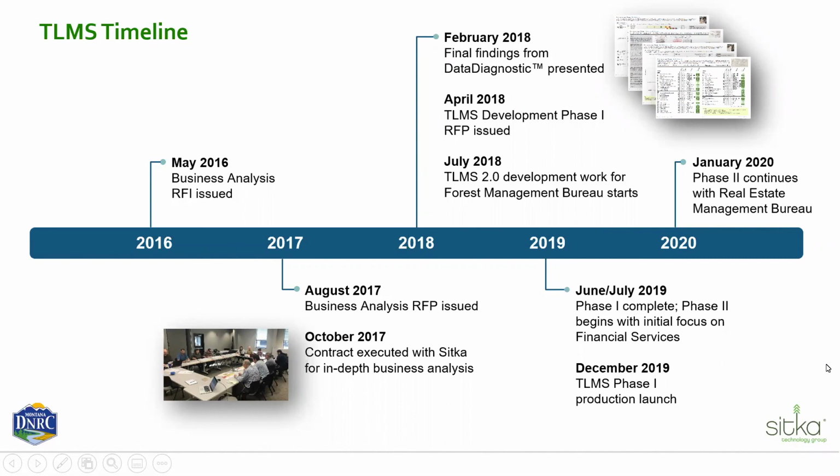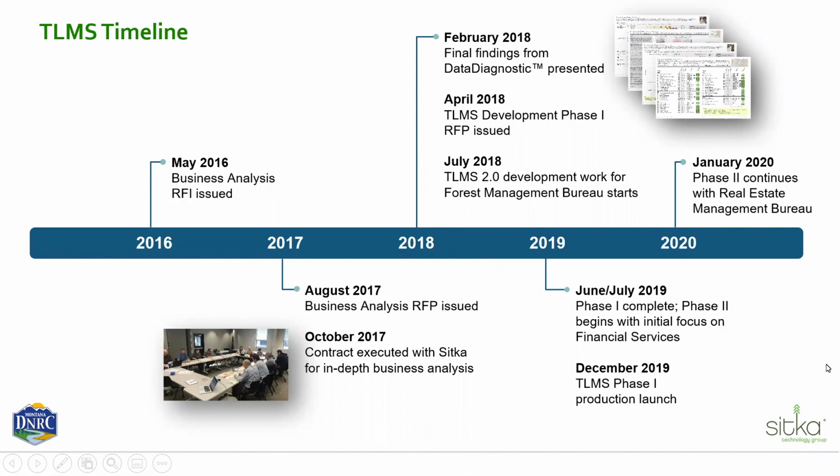We followed our state's process to request a proposal and eventually contracted with Sitka to do a business analysis. In 2018 and 2019, we took the results from the business analysis and issued a request for proposals for the new information system itself. And again, the contract was awarded to Sitka, and we started development work.